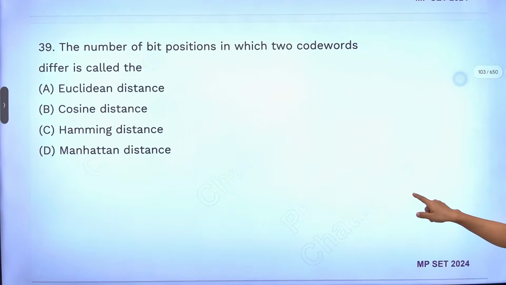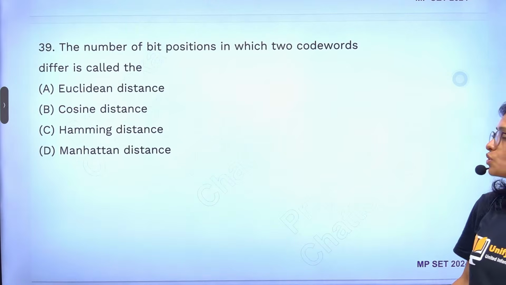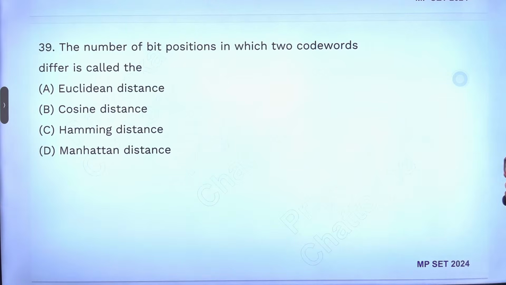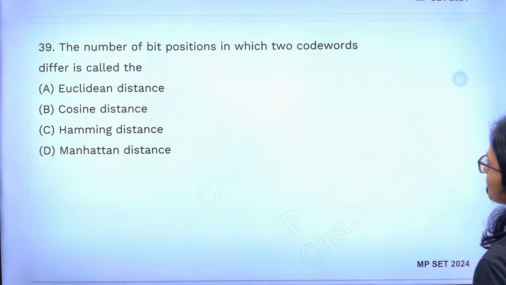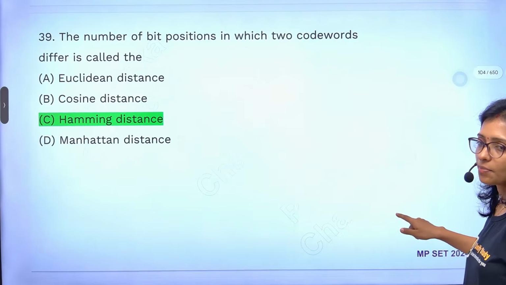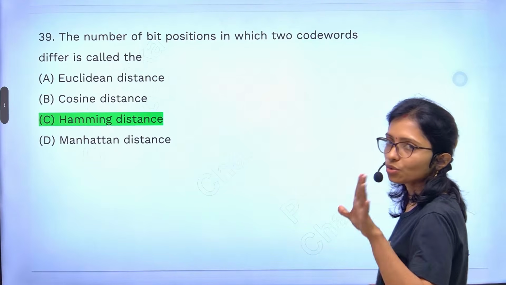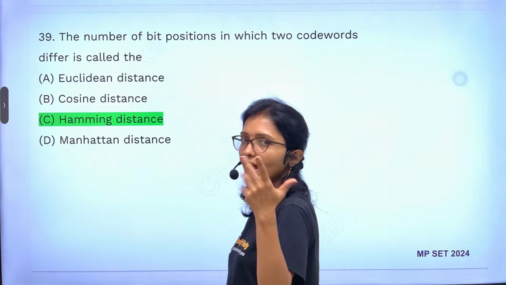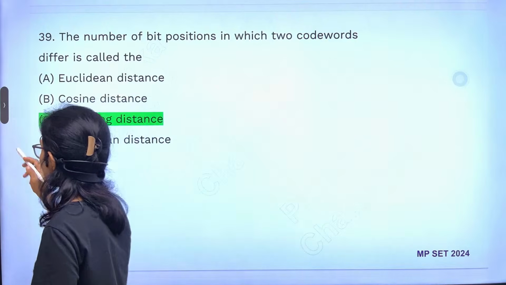Next, the number of bit positions in which two code words differ is called bit position. This is called Hamming distance. Sometimes they give two binary numbers and ask what the Hamming distance is.